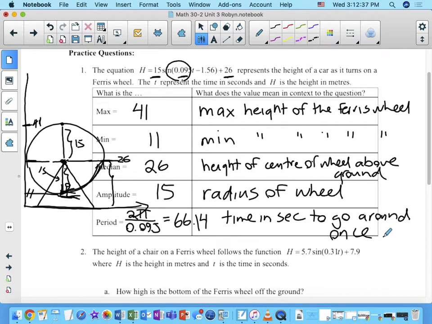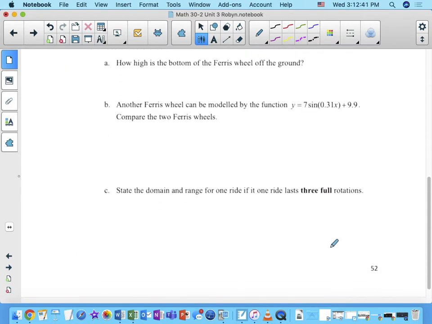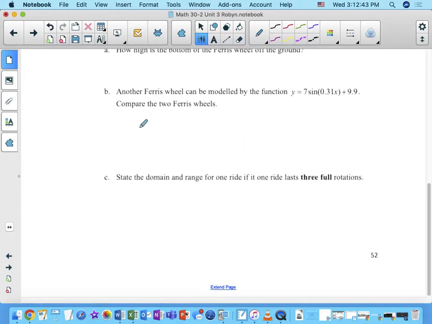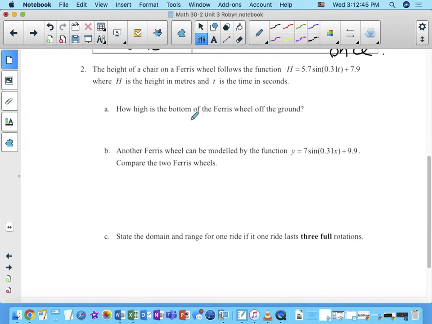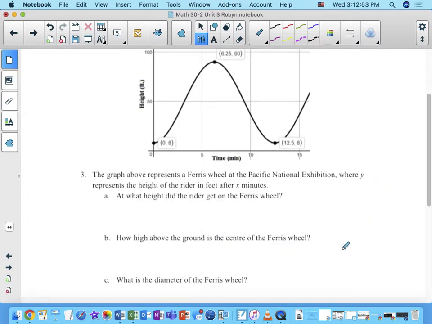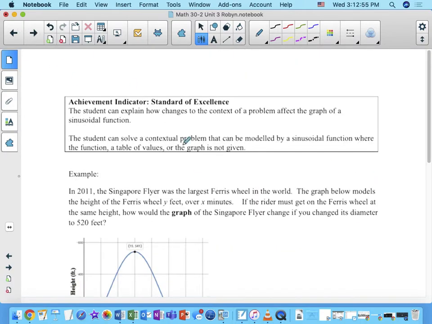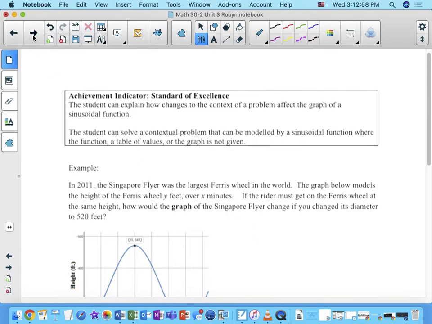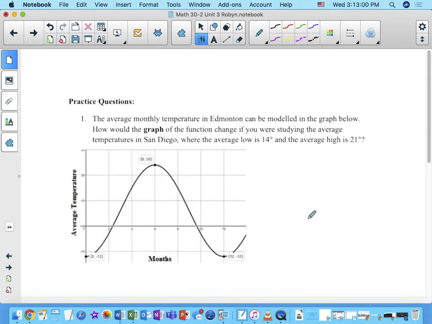Okay? All right, so I'm just looking at the time, and I think what I'd like to do is skip this one. I'm going to ask you guys to do this number 2 for homework, because while we're together, I want to explore some applications with you that are different. Oh, wait, this is another Ferris wheel. What do I want to skip to? Another Ferris wheel. Let's skip to this one.